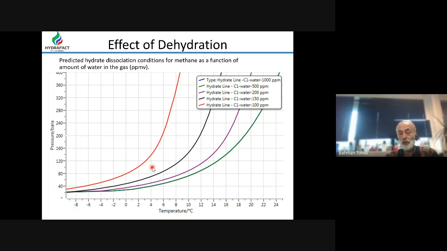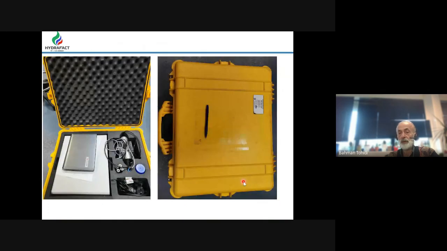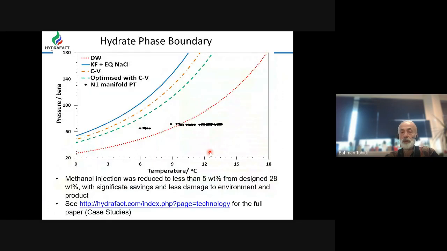But from the amount of water in the gas phase, we can predict the hydrate phase boundary. This is basically how it is placed in the Pele case. And this is the whole shape. And this is some application.